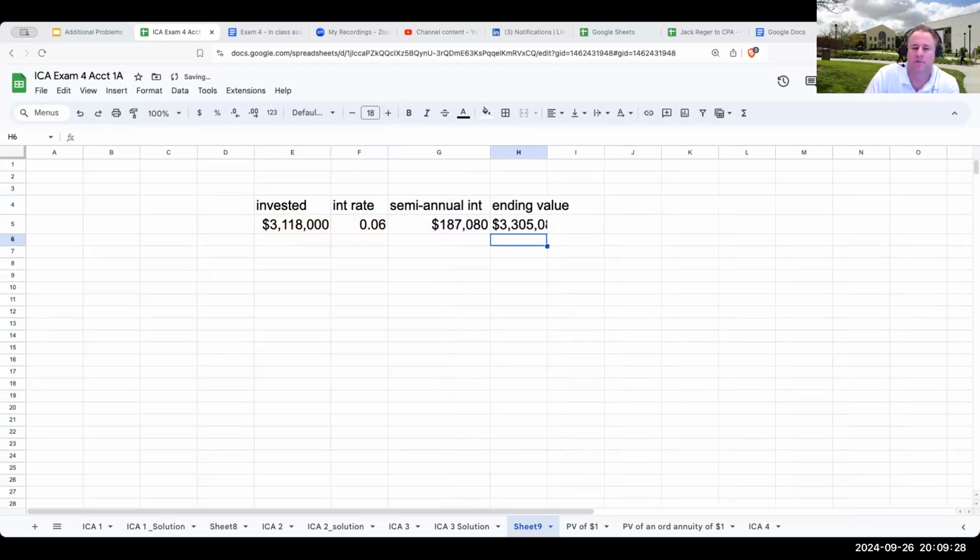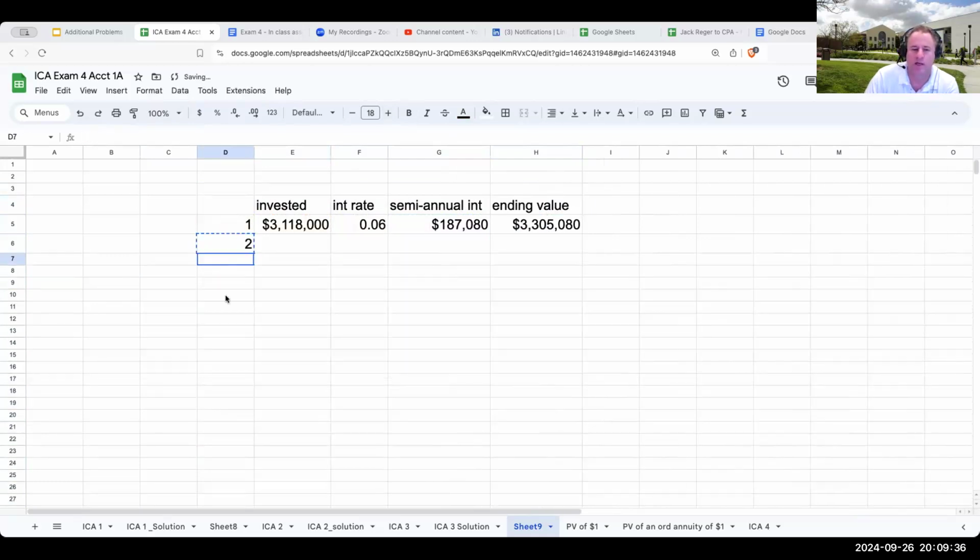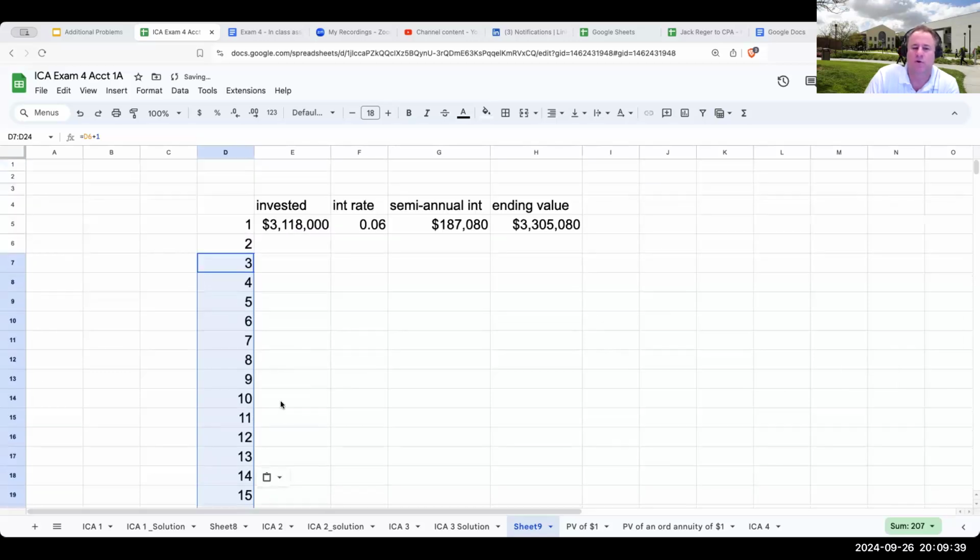the value of this at the end of that first 6 months would be 3,305,000. Now, let's imagine this. If we're doing this, it's going to be for 20 times, and that just happened to work out magically.